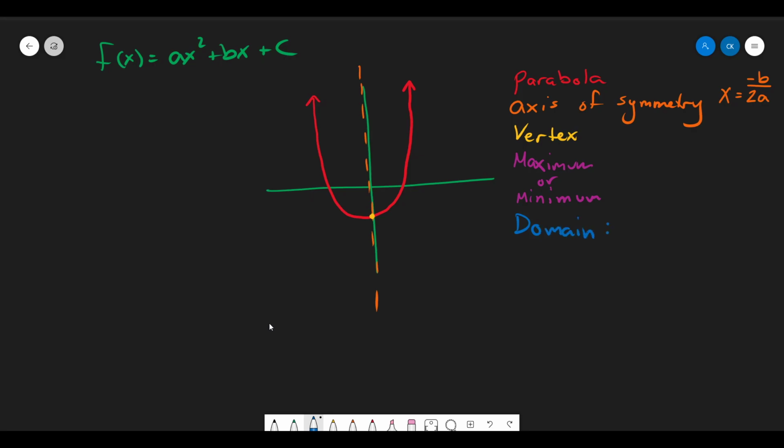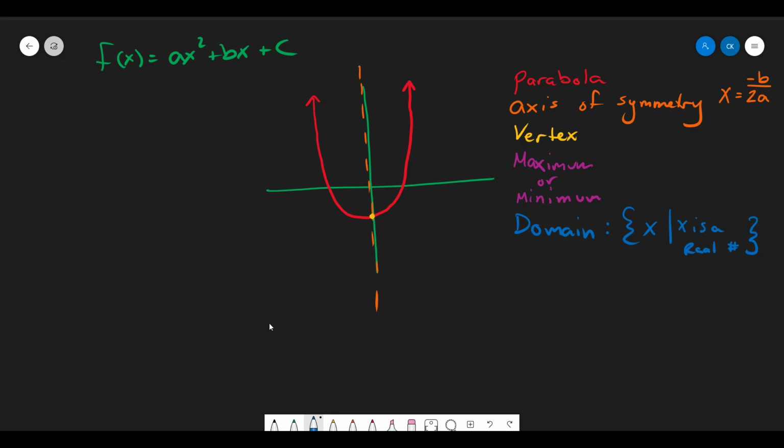The domain will always be, and if you remember this is how we write it, we say x such that, but the domain is always going to be x is a real number. Okay? So our x is always all real numbers. All right, and we talked about this before. In order for it to be a function, every x has to have a value, so our domain is going to be all real numbers.